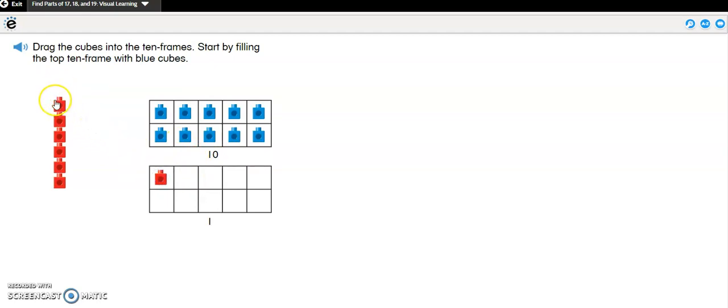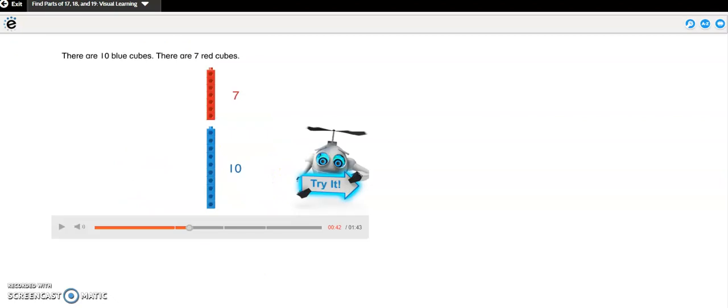Again, I'm starting at the top left. I'm always working my way right. I'm never skipping spaces. And then when I'm done with the top row, I start the next row. Okay, so it looks like the top 10 frame has 10 cubes, and the bottom 10 frame has 7 cubes.